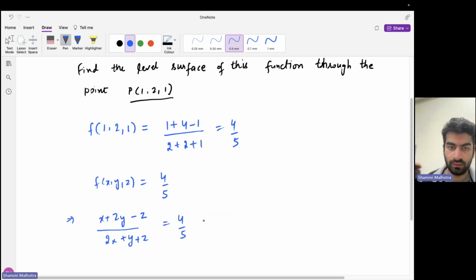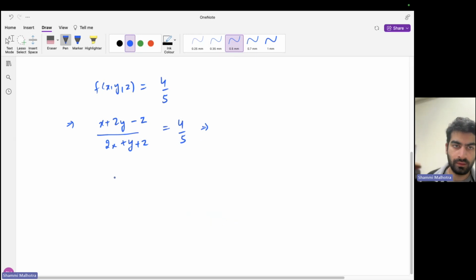When I solve this, it becomes 5x plus 10y minus 5z equals 8x plus y plus 4z.